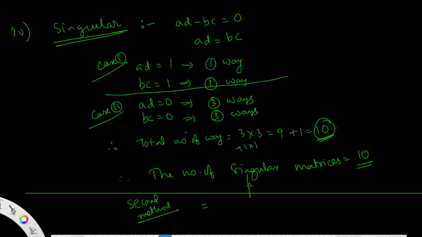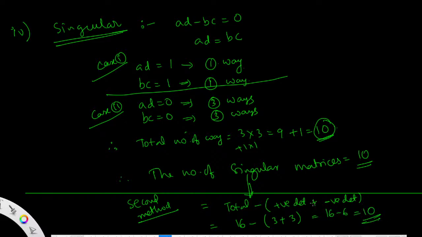Number of singular means total arrangements minus of positive determinants plus negative determinants. So total means 16 we got. Positive means we can get 3. Negative means we can get 3. So 16 minus 6, that is also 10. Okay, total minus positive plus negative, then we get the singular matrices. This is the second question.